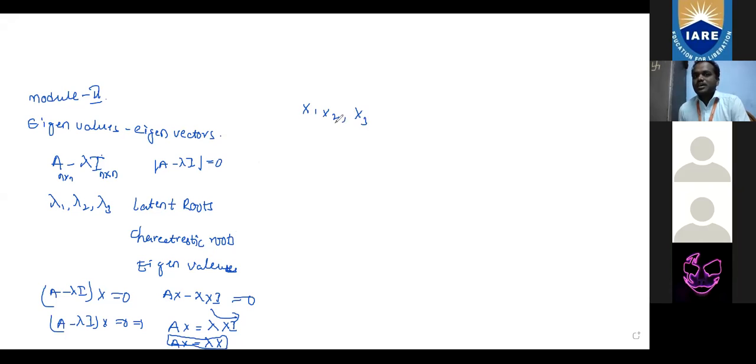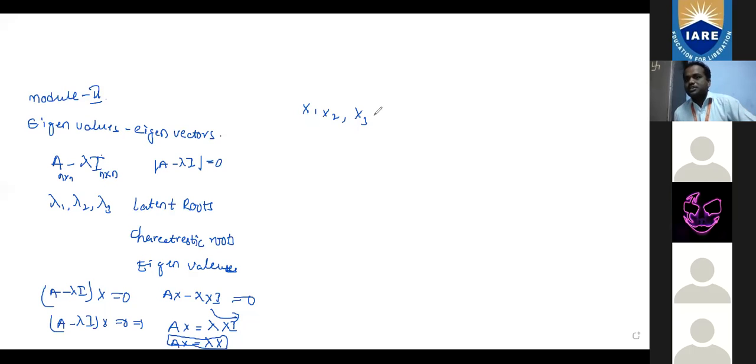They are independent or dependent depending on whether their determinant is equal to 0 or not equal to 0. If it is not equal to 0, they are independent. If it is equal to 0, they are called dependent vectors. Their solutions we can also find using the cross multiplication ratio method.